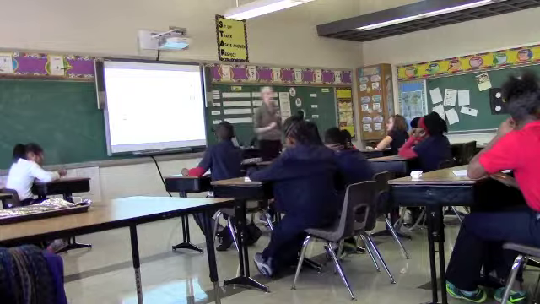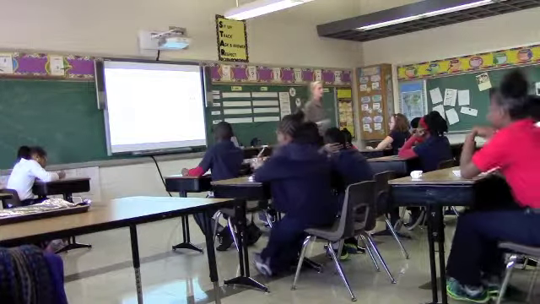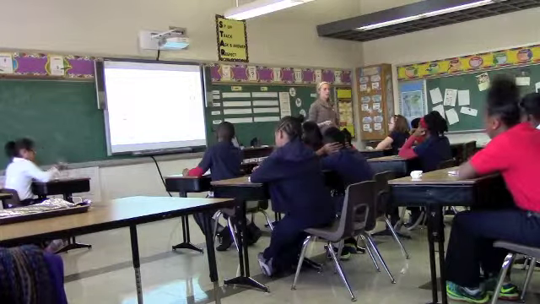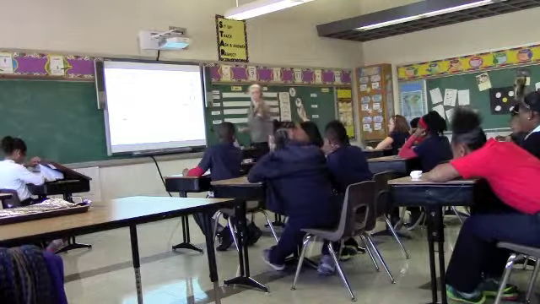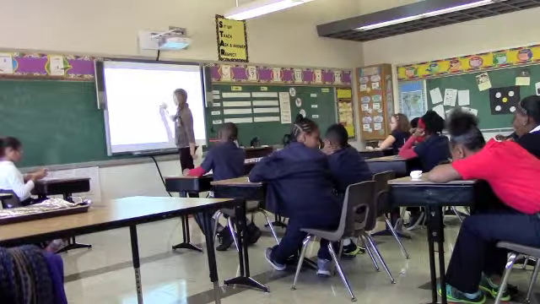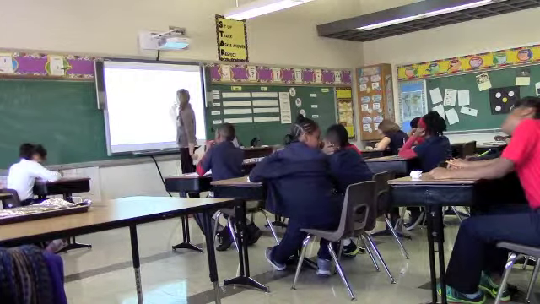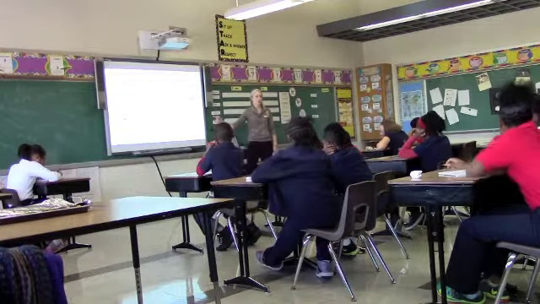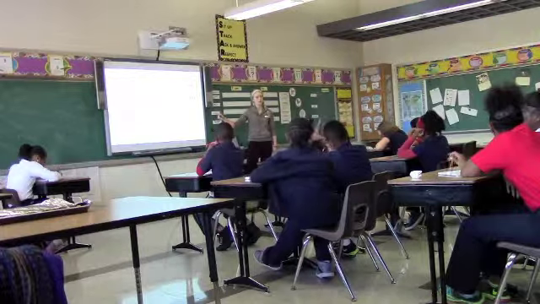Okay, now I need to divide my denominator by my GCF. 25 divided by 5. Megan. So this is my 2/5.